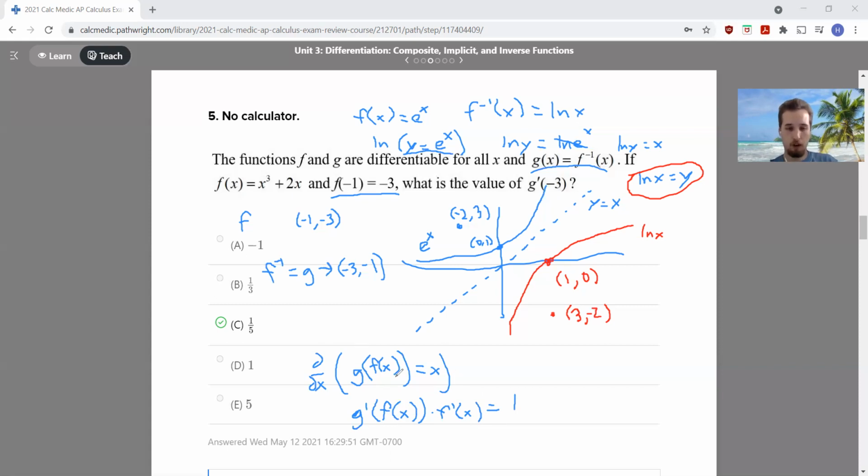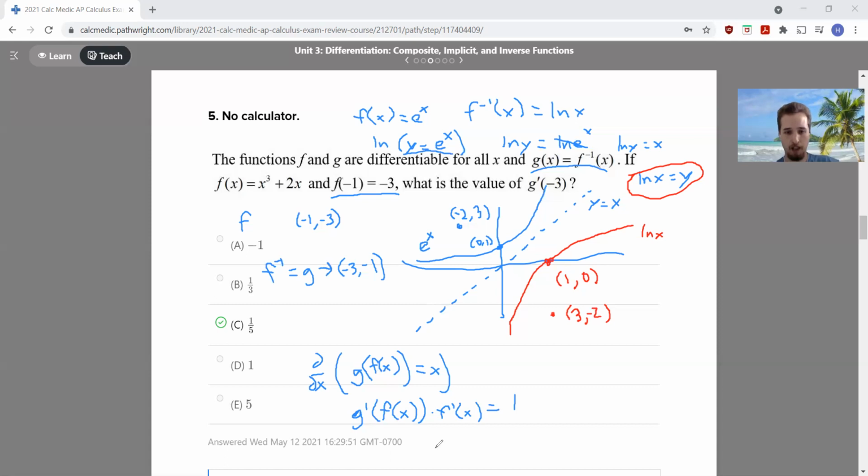Okay, so we want to find the value of g prime of -3, right? So if we want to find that, then we need to, because -3 is on function g, we actually need to use -1 for f, because that f is the inverse of g, right?